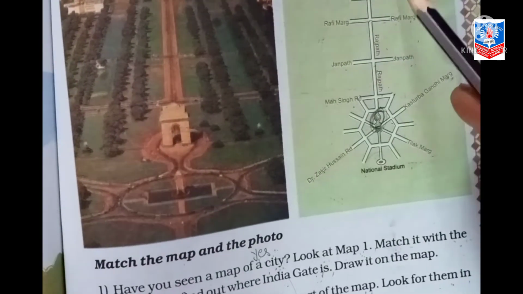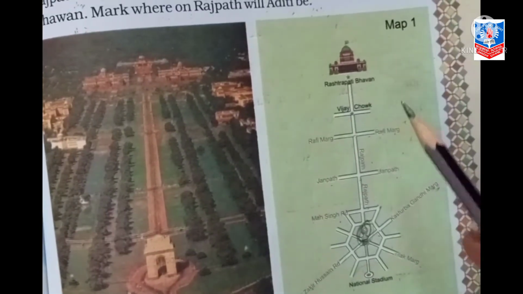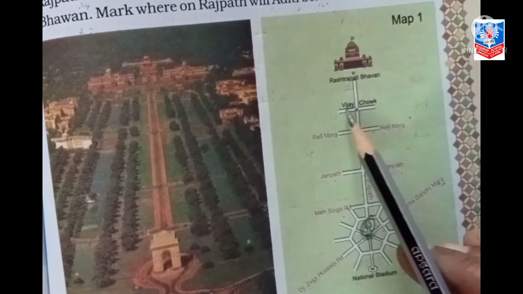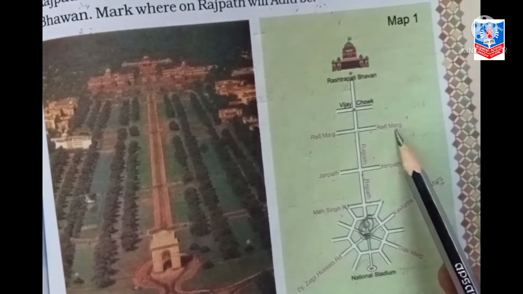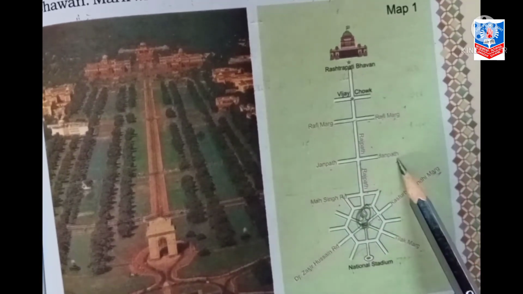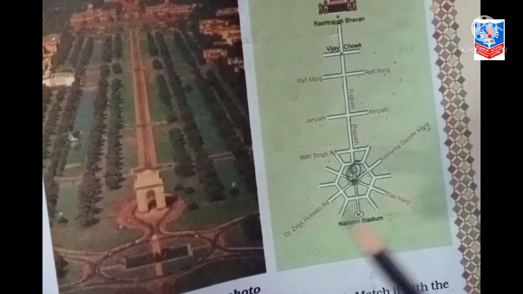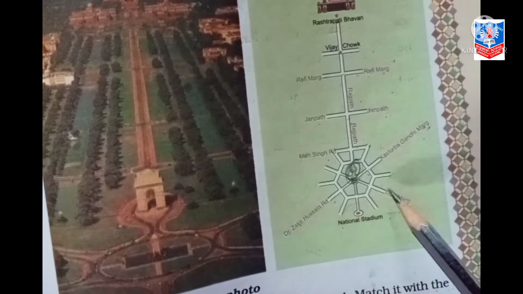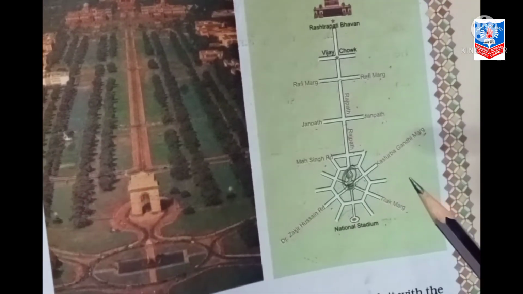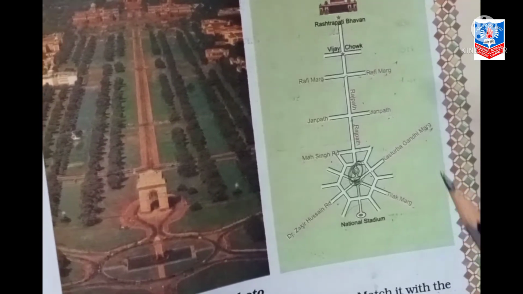Now a second question. Some roads are shown in this part of the map. Look for them in the photo. Now see, here in the map some roads are given. See, Vijay Chowk, Rafiq Marg, Janpath Marg and Mansingh Road, Kasturba Marg, Zakir Hussain Road, Tilak Marg, etc. Now you have to show this in the photo.